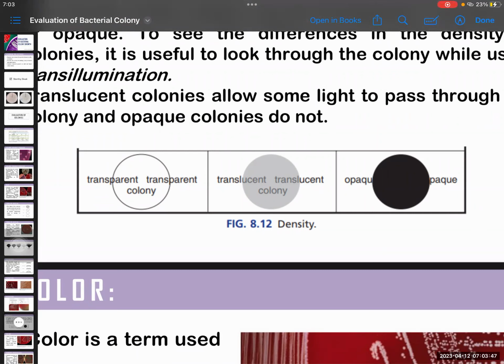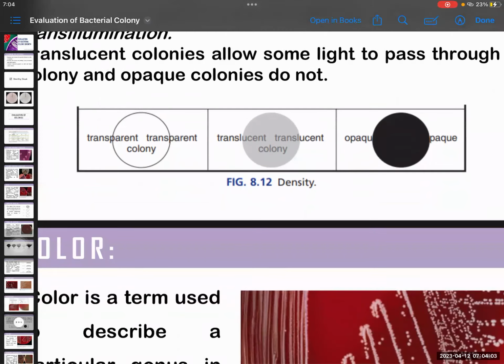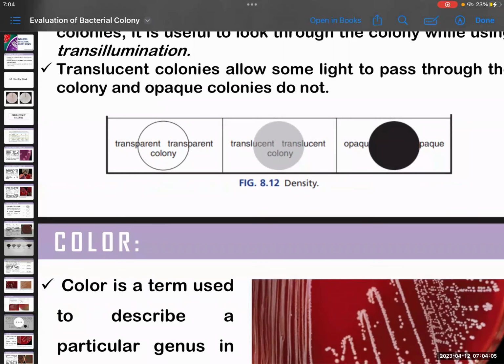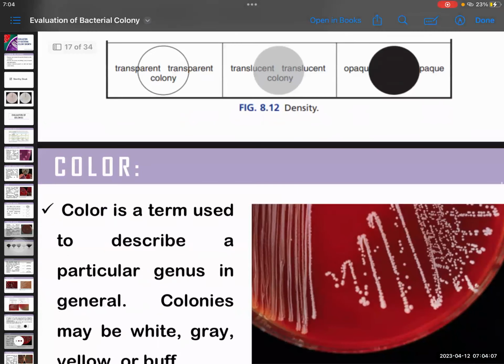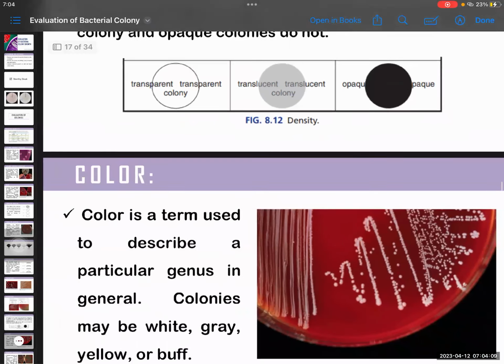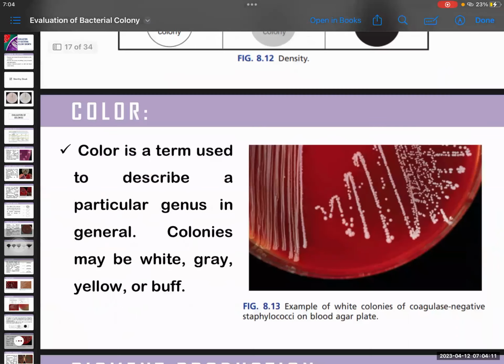Parang semi-transparent, parang ganon. And if it completely allows light to pass through, then that is a transparent colony. So tignan glass, no, magkaiba ang transparent and translucent. So translucent, again, still blocks off a relative amount of light, but for transparent, it completely allows the light to pass through. Kaya transparent yung nakikita natin.